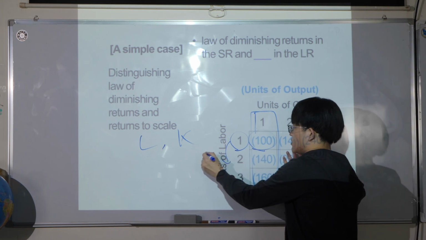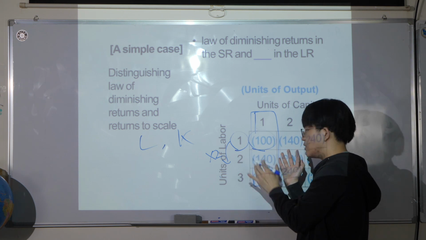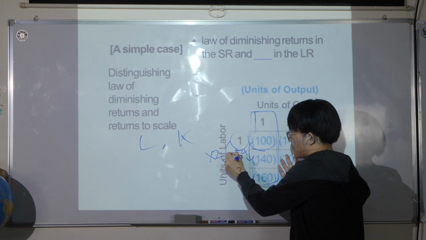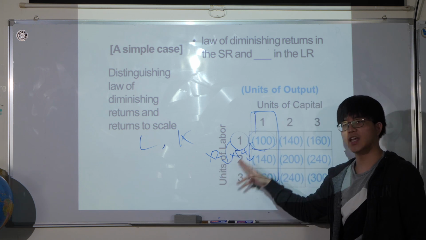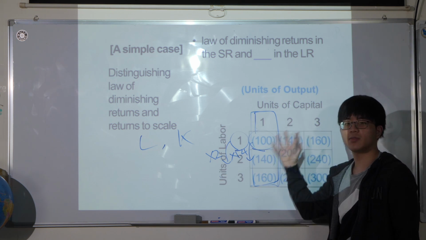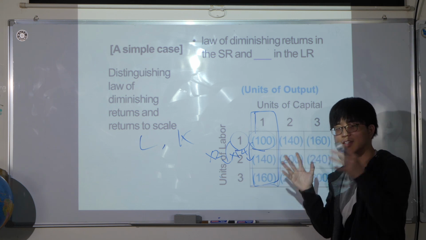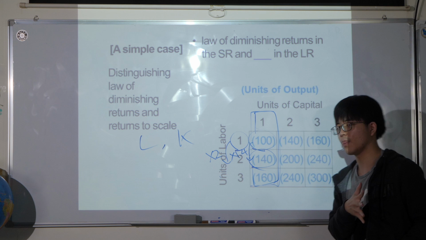But when it increases by 2, the quantity produced will not be times 2, but times 1.4 only. This means that the law of diminishing returns happens when the unit of labor is doubled, but the quantity produced does not double. It only goes times 1.4. Okay.